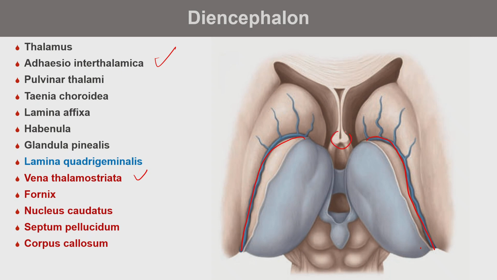The last structures, this is the fornix, and here we can see the lateral ventricles, left and right. In between them is the septum pellucidum.